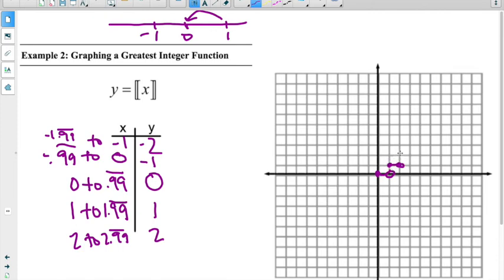So closed circle, open circle, closed circle, open circle, closed circle, open circle. And then down here we'll have an open circle, closed circle, open circle, closed circle, and then it just keeps going. It could go forever and ever in either direction.